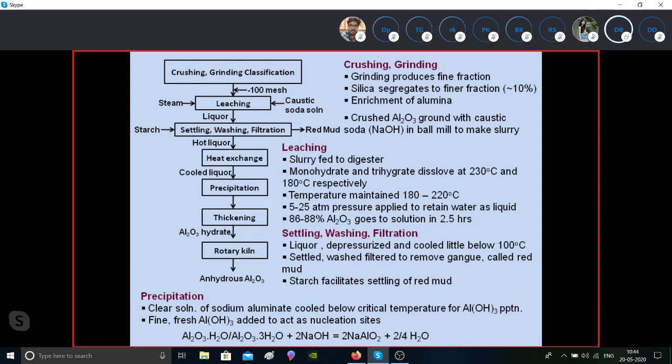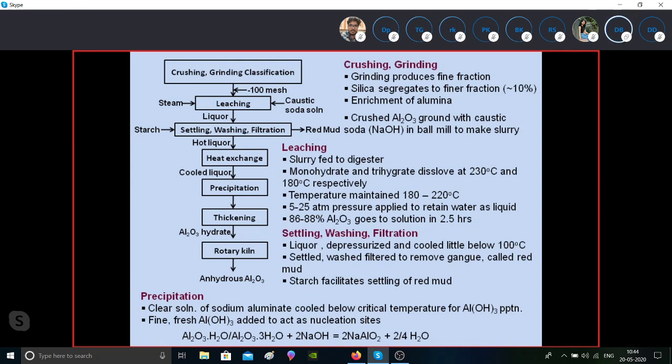You will immediately link it to why I am talking about this. Once I bring the temperature below a certain critical temperature, aluminium gets deposited as Al(OH)3, aluminium hydroxide. What was initially sodium aluminate now precipitates out as aluminium hydroxide when the temperature falls below the critical temperature.